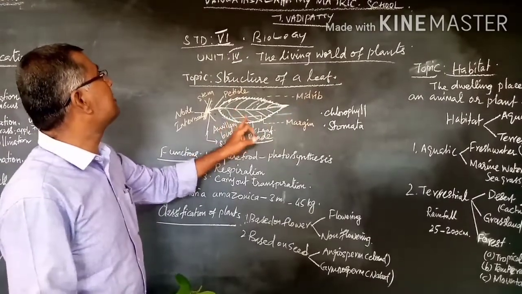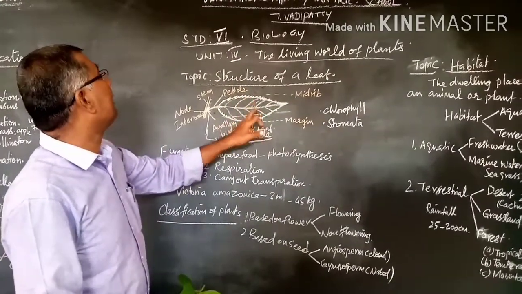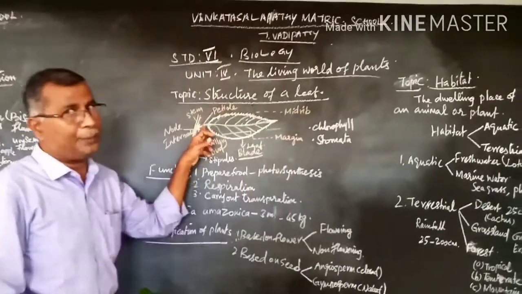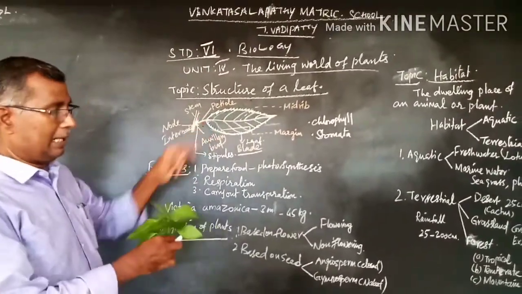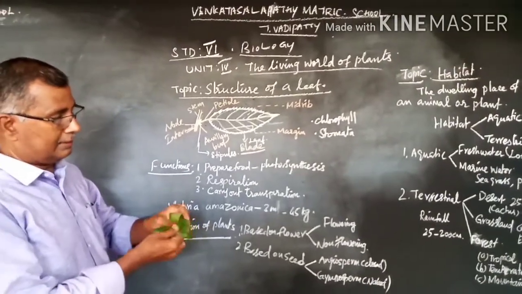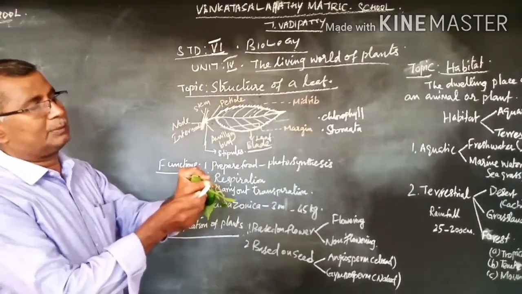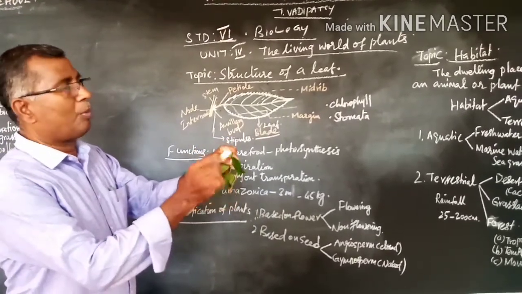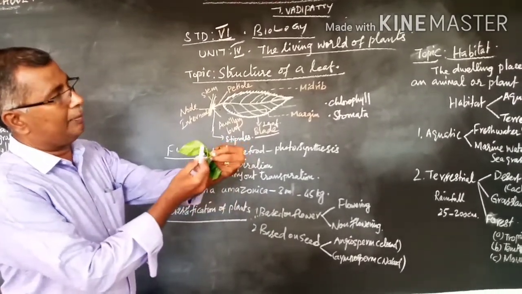The side veins are called parallel ribs. Each and every leaf has a petiole, the leaf stalk. This is the leaf margin. This is the midrib.